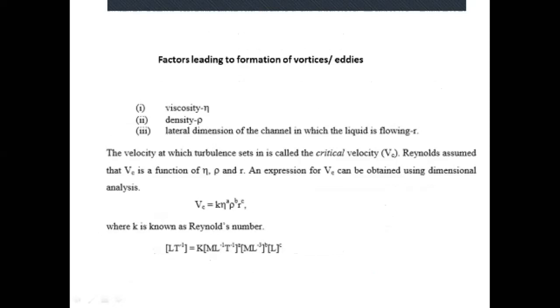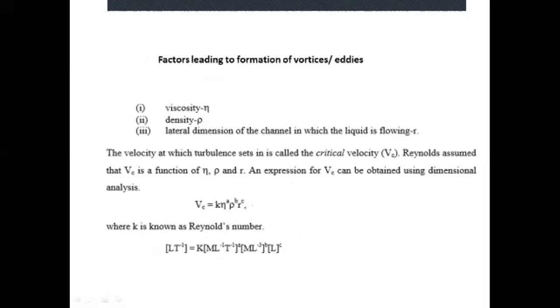The factors which lead to the formation of eddies, or vortices, are viscosity, density, and the dimension of the channel in which the liquid is flowing. The velocity at which the turbulence sets in is called the critical velocity. Reynolds assumed that the critical velocity is a function of those three factors listed here: mu, rho, and r.